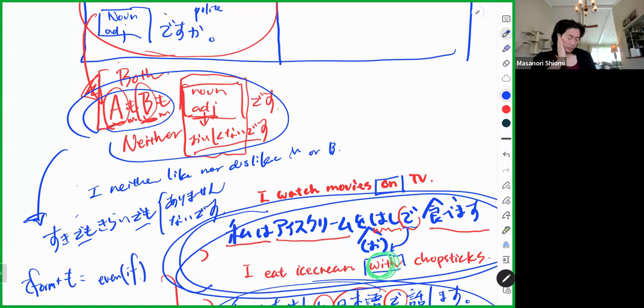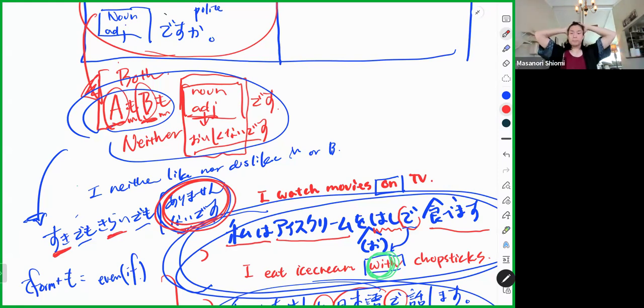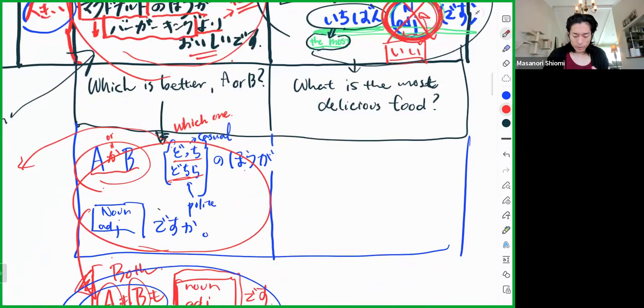So connect them with negative. So literal meaning will be something like, it's not that I even like or I even don't like. Meaning neither like nor dislike. That's one way to say it. Okay, let's move on to questions for this one.